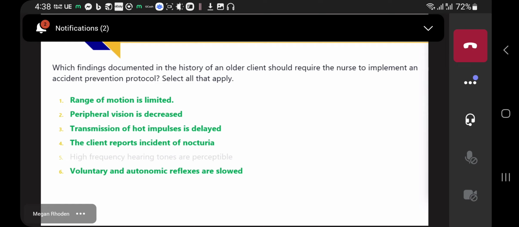So, number 5 is the only one that would be incorrect about high frequency hearing tones are perceptible. Impaired hearing as high frequency tones become less perceptible as the aging process occurs. So, again, guys, age related changes do occur on an individual basis.